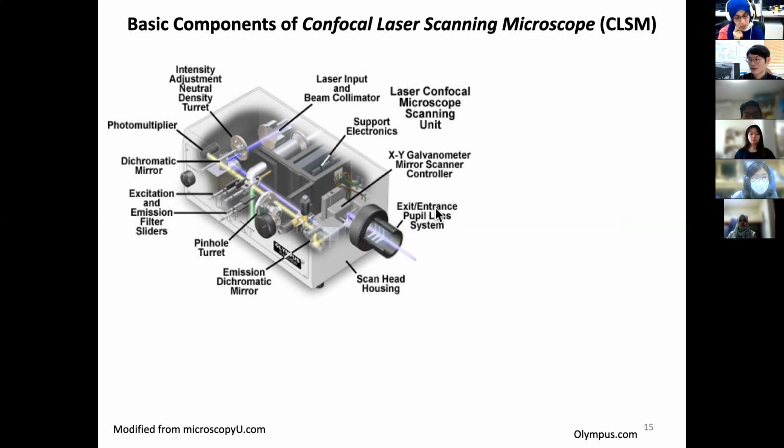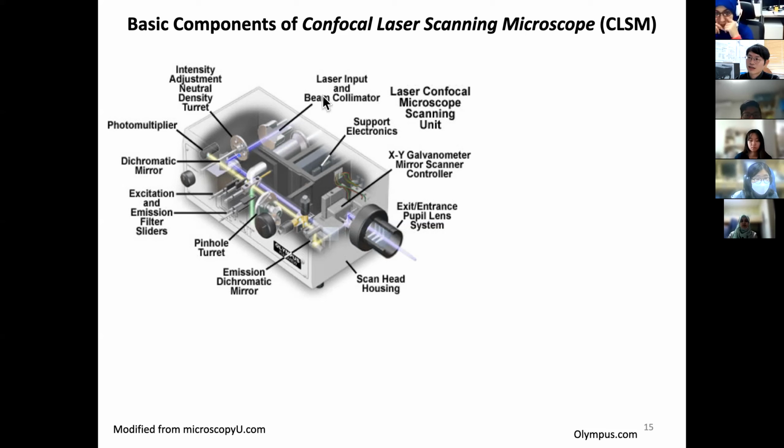You can see there's the scan head housing, and there's a dichroic mirror over here. You need an excitation laser light. In fact, this one was actually used for inventing the two photon microscope because they share the laser scanning in common.